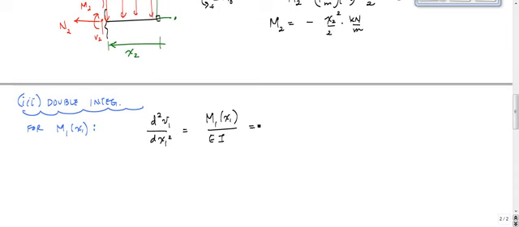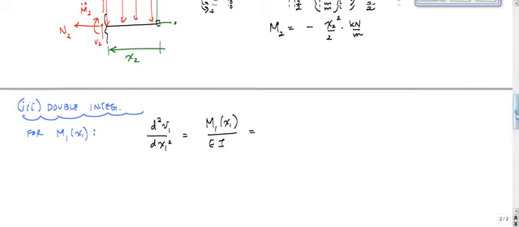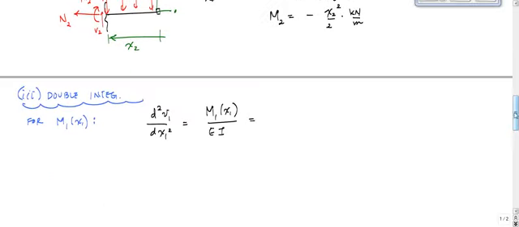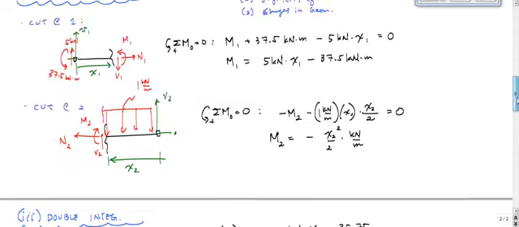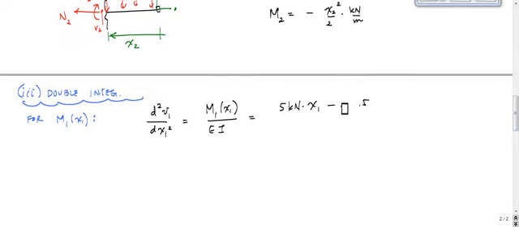Which really is just the moment function, which was m1 is 5 kilonewtons times x1 minus 37.5 kilonewton meters, times 1 over EI. And in this case, EI is constant. So just to make this a little bit simpler, I can bring this to this side right here, and just keep this going.